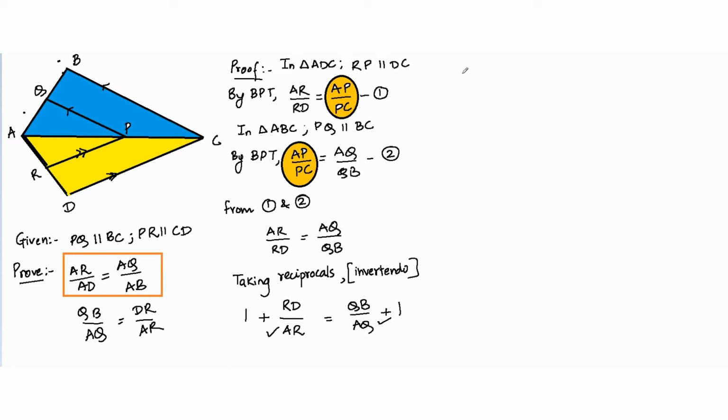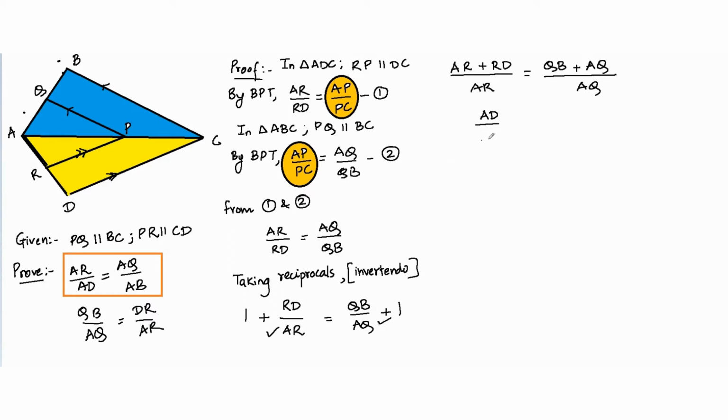When I take the LCM of the denominator, in the numerator I get AR plus RD, the whole divided by AR, is equal to QB plus AQ, the whole divided by AQ. And AR plus RD is equal to AD.